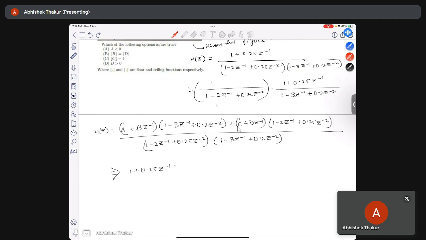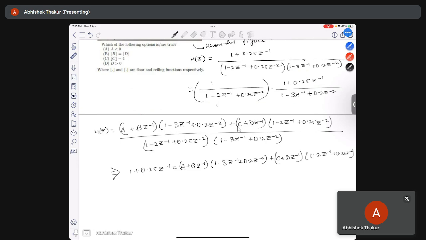So this is equal to (A plus B z inverse)(1 minus 3z inverse plus 0.2 z to the power of minus 2) plus (C plus D z inverse)(1 minus 2z inverse plus 0.25 z to the power of minus 2).